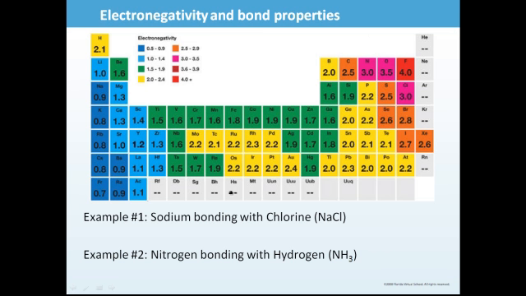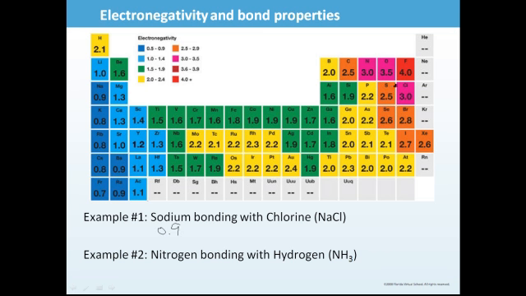So now on the bottom we have two examples. Let's say we have sodium bonding with chlorine, and we need to know what type of bond that's going to be. Alright, so let's look up our values. Sodium is over here on the left side in A. That's sodium. And it has a value of 0.9. Okay, so we'll just write that down here. We got 0.9 is the electronegativity for sodium.